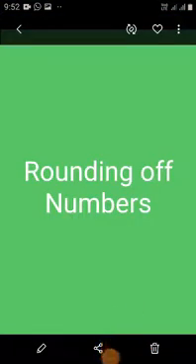Next concept is rounding of numbers. Father said around 400 guests are expected for the wedding lunch. Do you think that there will be exactly 400 guests at the wedding? Obviously not. Why did father say 400 and not 300?